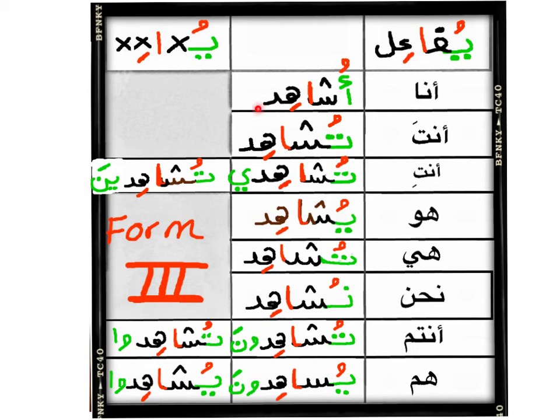So أنا أشاهد، أنت تشاهد، أنت تشاهدي or تشاهدين، هو يشاهد، هي تشاهد، نحن نشاهد، أنتم تشاهدون، تشاهدوا، هم يشاهدون، يشاهدوا. And that, ladies and gentlemen, is Form 3.